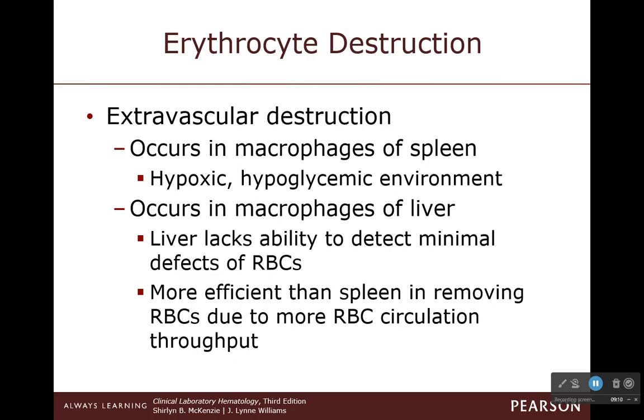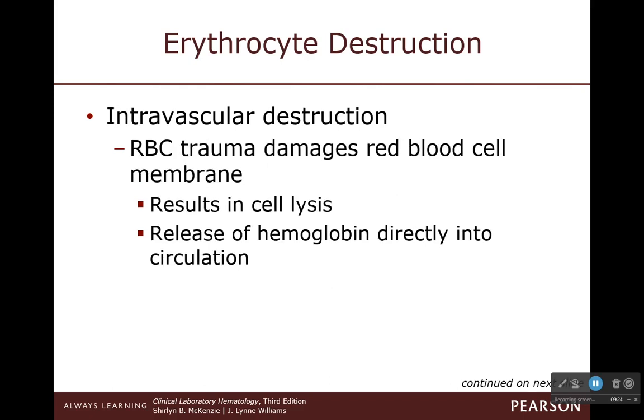Okay, so extravascular destruction, the two main places that we want it to occur are the spleen and the liver, and we know that it does occur in the bone marrow also. Those macrophages in the bone marrow can do that also, okay? The one we don't want to occur, and we only want about 10% or less to occur, is intravascular, okay?